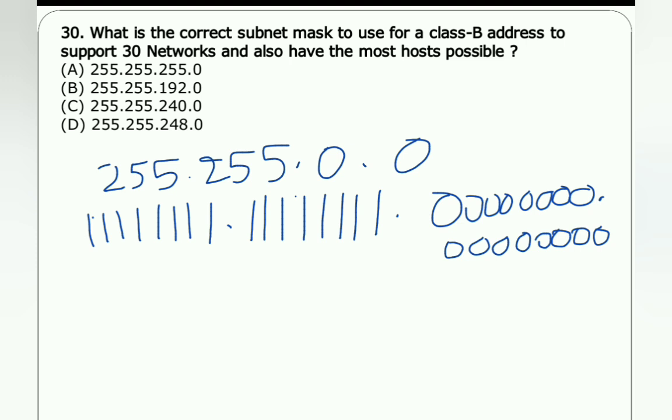Now for 30 networks, we have to take 5 bits from the most significant bits of the third octet, that is this one. So we have to take 5 bits from here.